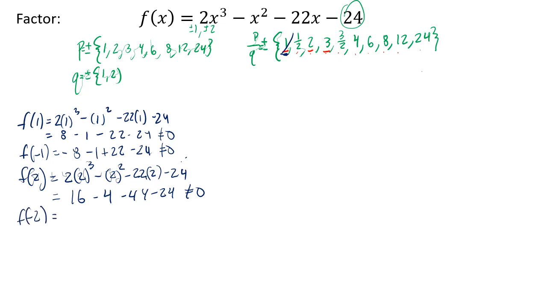So f of negative 2 would give us 2 times negative 2 cubed minus negative 2 squared minus 22 times negative 2 minus 24. So this would be negative 16, right? Negative 2 cubed is negative 8 times 2 is negative 16. Negative 2 squared, this would be minus 4. This would be plus 44.